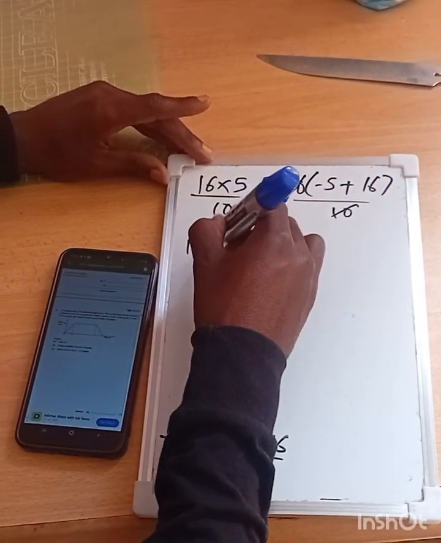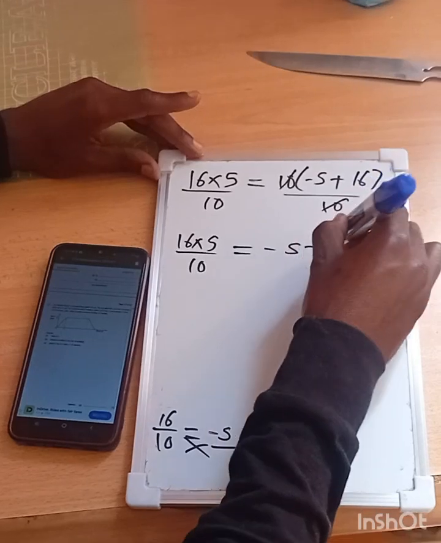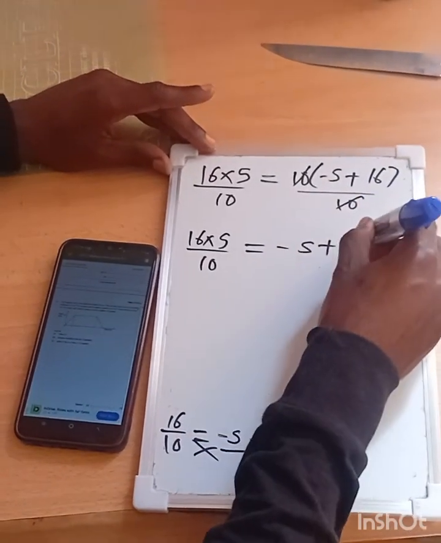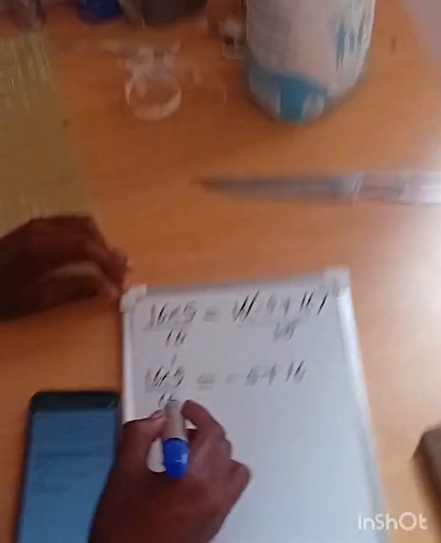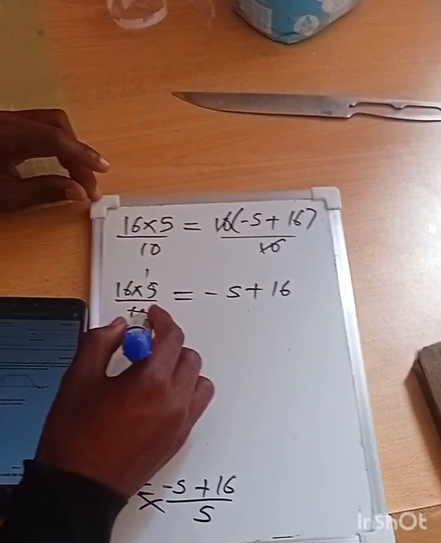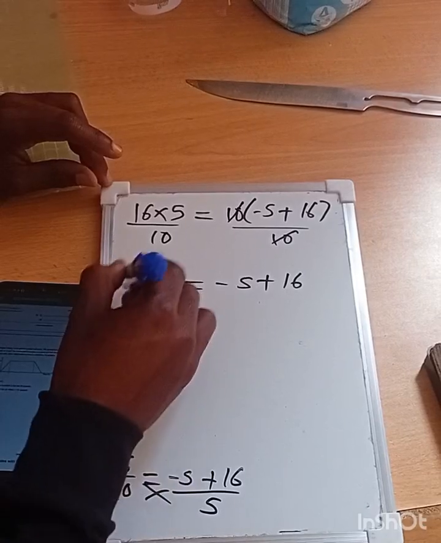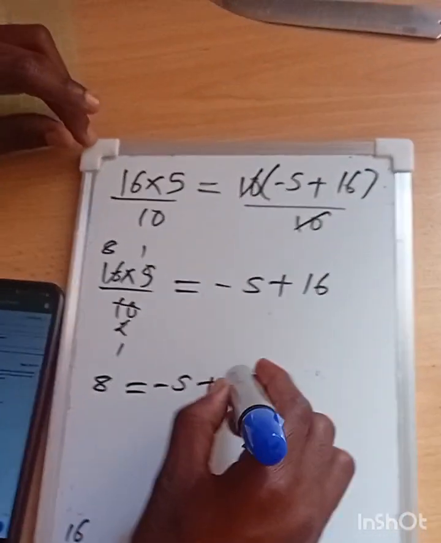So 16 times 5 over 10 equals negative s plus 16. 5 into 5 is 1, 5 into 10 is 2, then 2 into 2 is 1, 2 into 16 is 8. So you have 8 is equal to negative s plus 16.